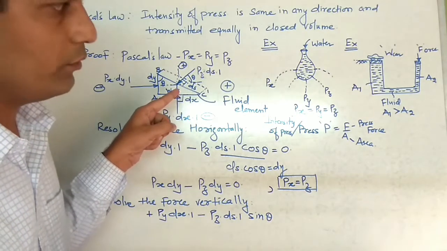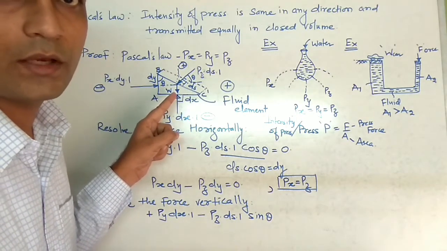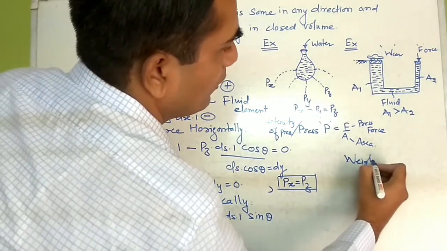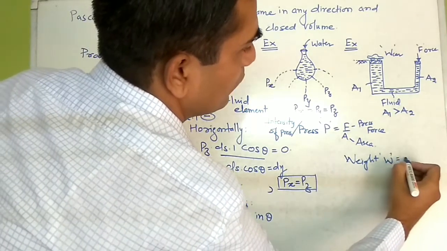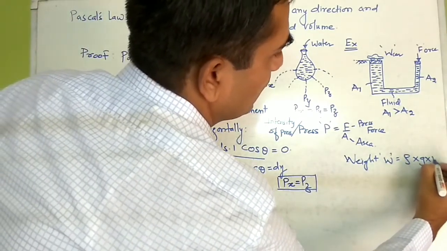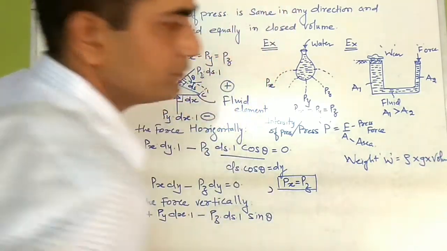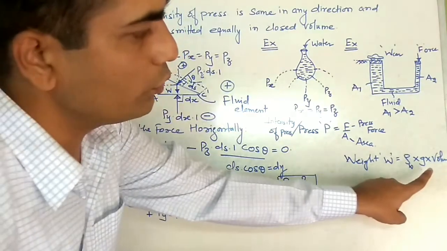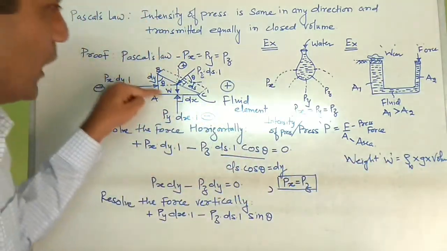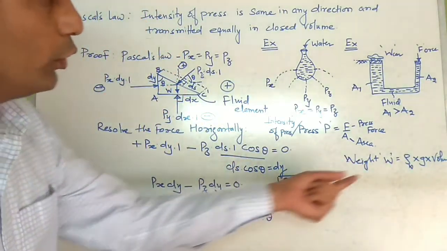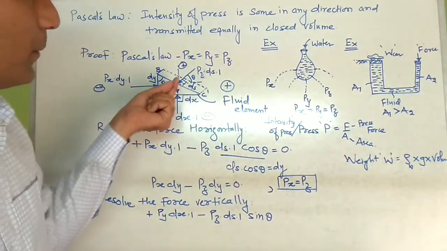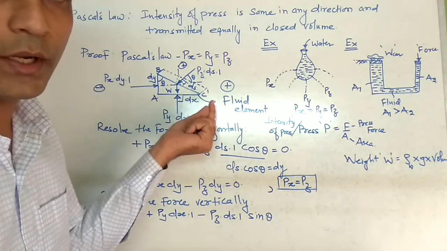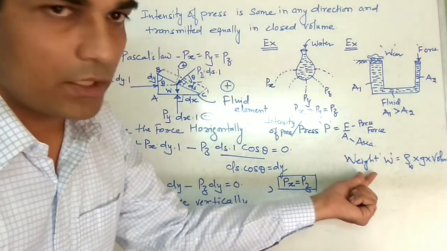We have seen in a previous lecture the formula: weight W is equal to rho multiplied by g multiplied by volume. So rho is density of water, g is acceleration due to gravity, and volume is volume of this element. So volume you can calculate as area multiplied by this width 1, area of triangle being half base into height. But we don't need this weight.